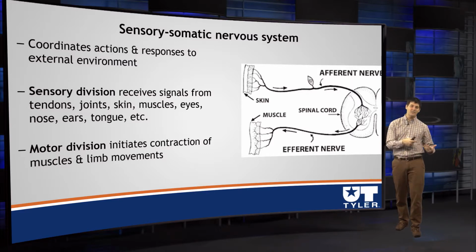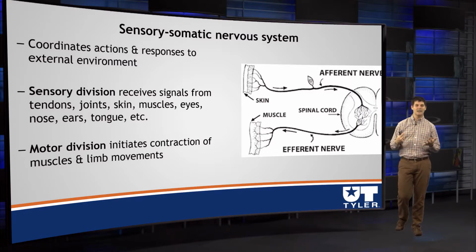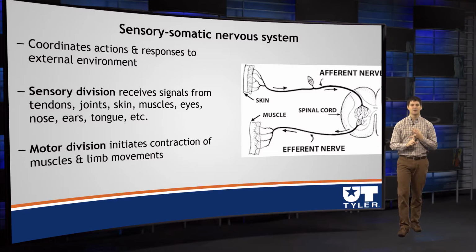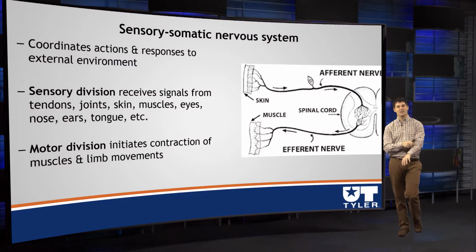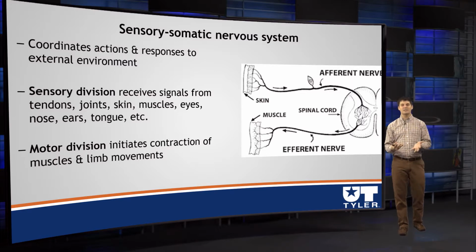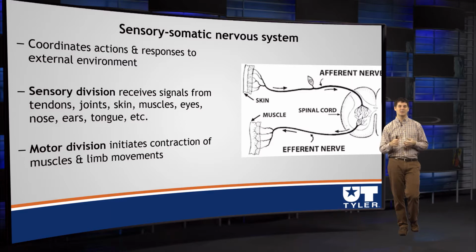We have our sensory division, which receives signals from the effector organs, so we can get signals from the tendons through things like the Golgi tendon organs. We have joint proprioception, pain, and different receptors in our skin. Our muscles can somewhat respond to this. We have our eyes, our ears, our nose, our 5 senses that we can detect.